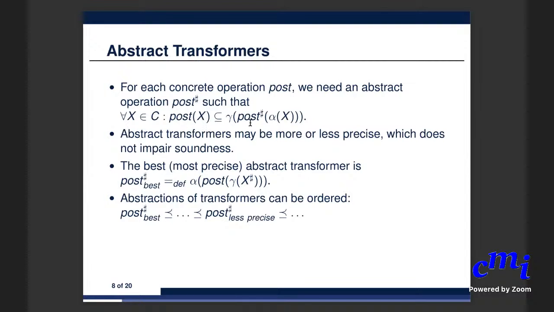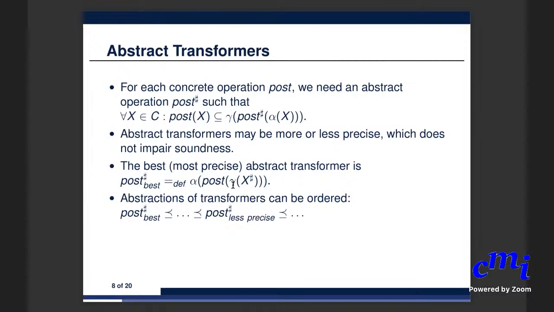This is the condition we discussed last time. If you choose it exactly equal to this, that's the most precise abstract transformer you can get.